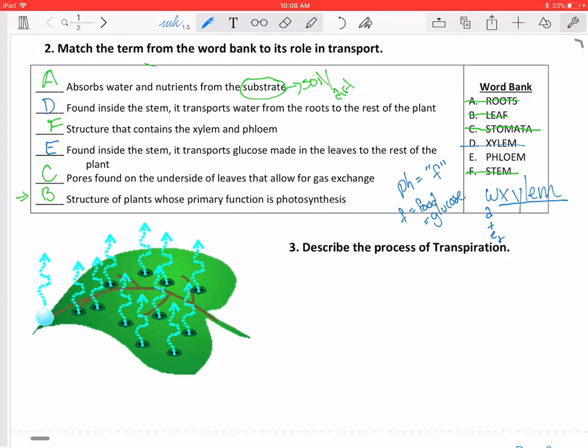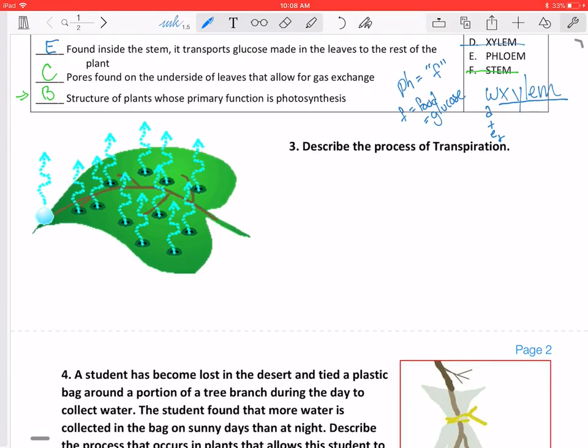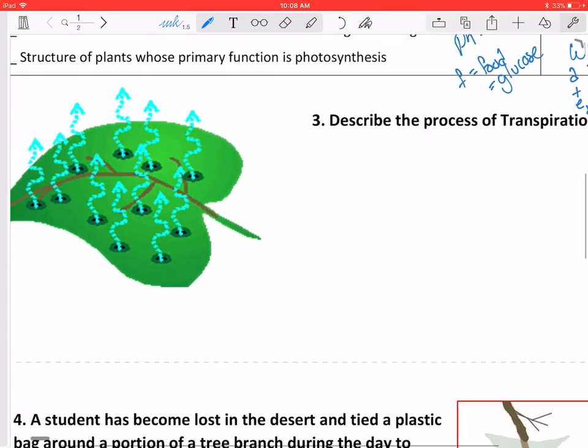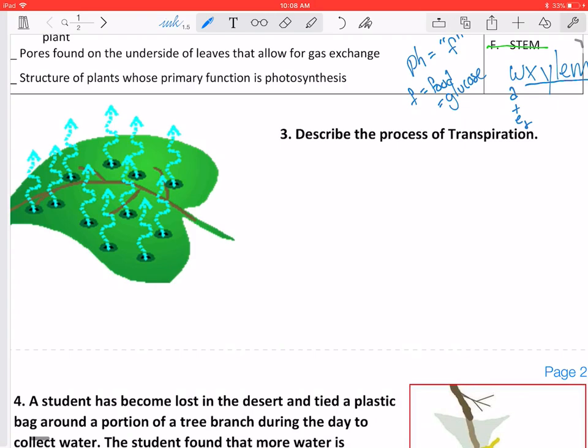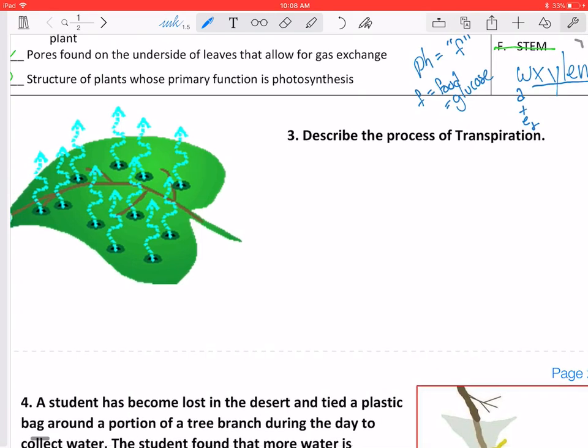All right, let's move on to number 3 here. So I'm going to zoom in a little bit. We're going to describe the process of transpiration. So in looking at that, what we're really looking for are our 4 steps of transpiration, okay?